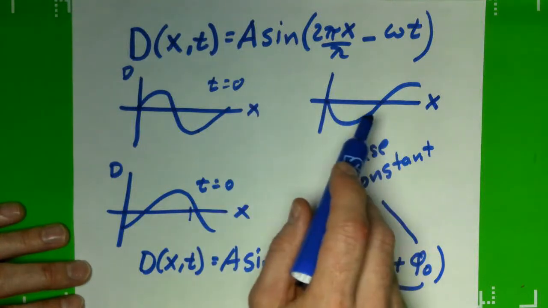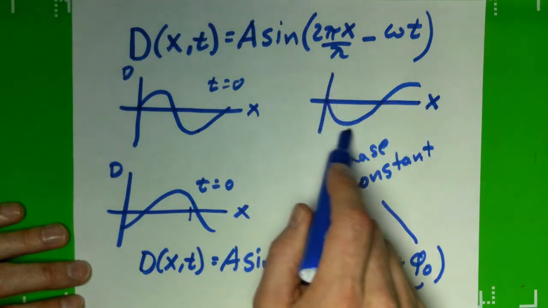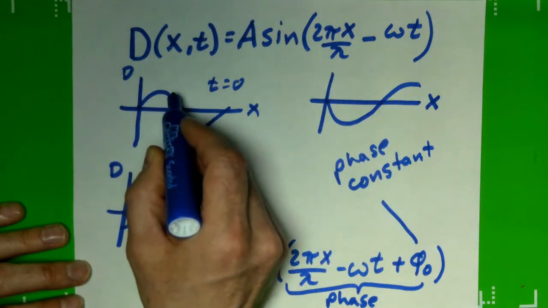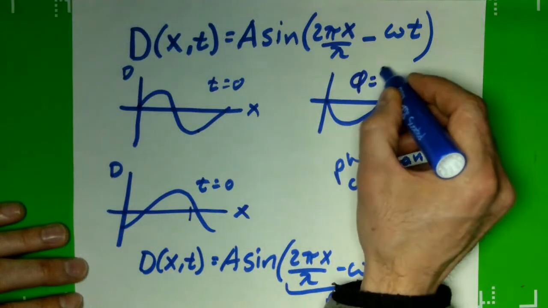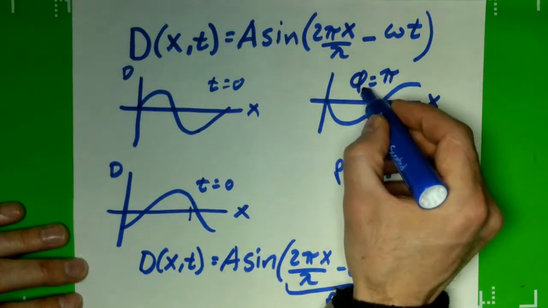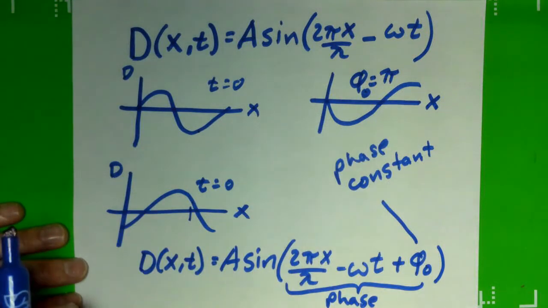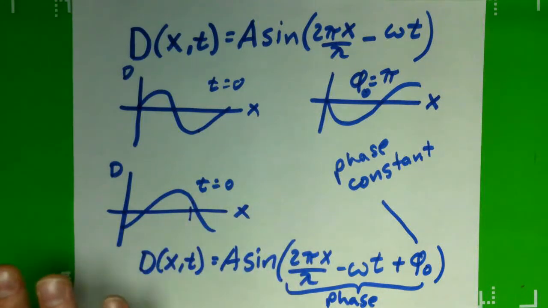That's halfway through the cycle. This wave has moved halfway, so it's now coming down. When I see a pure sine wave, it's got to be coming out through the top. So this would have a phase constant of pi when t equals 0 and x equals 0. It would be coming down out of the origin. We'll do some more examples of how to find phi, this phase constant.